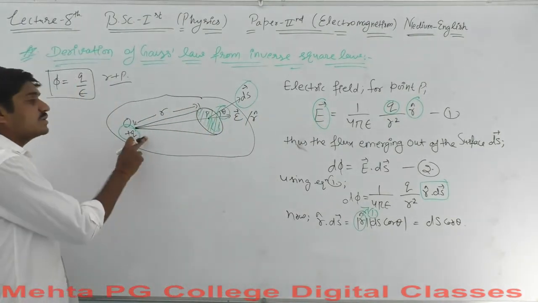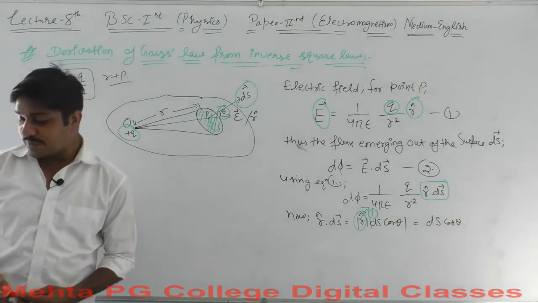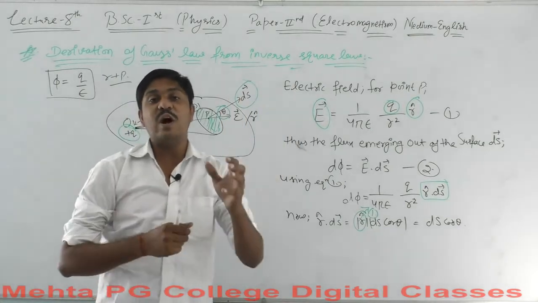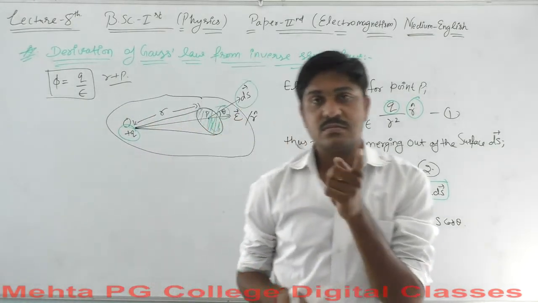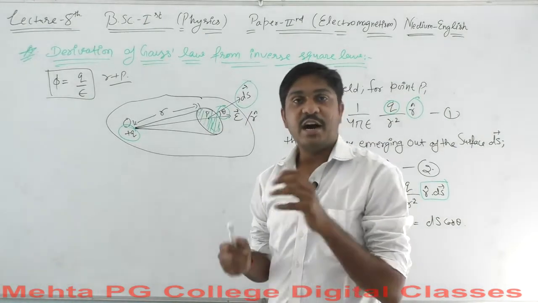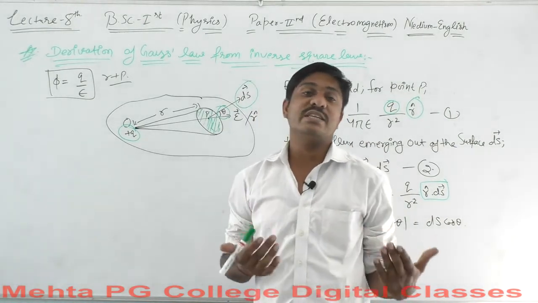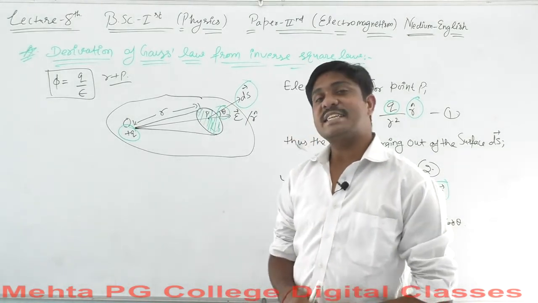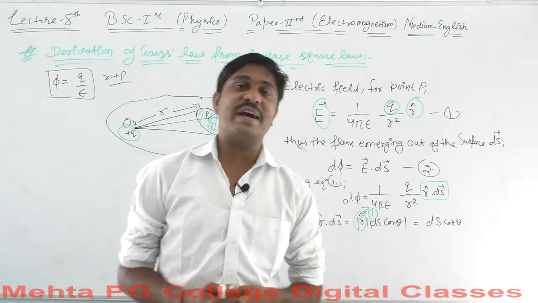Okay, let's come to the observation point. From the observation point, when you are observing the surface, you will follow our lecture 5, which was for the concept of solid angle. So what is a solid angle?